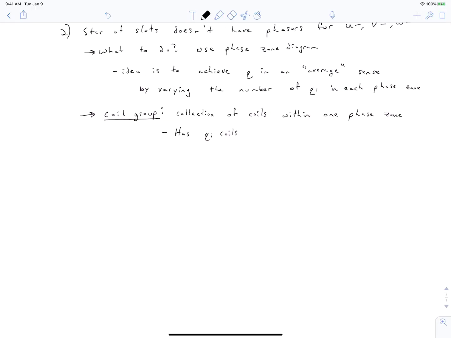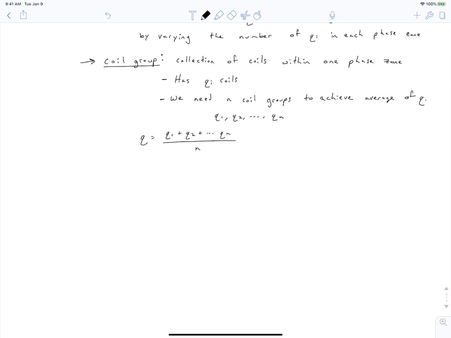So, just to be clear about this, we're saying that each phase zone is going to have Qi slots, and a coil group refers to all the coils that are placed within that phase zone. And since each slot contains a coil, a coil group has Qi coils, which is the same number as there are slots within that phase zone. And we need to have at least n coil groups in order to achieve an average of q.